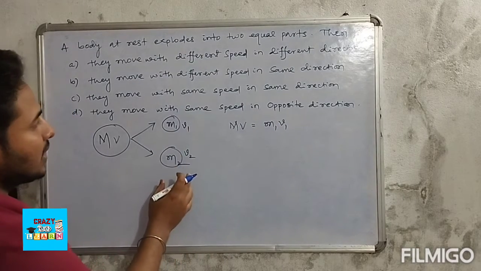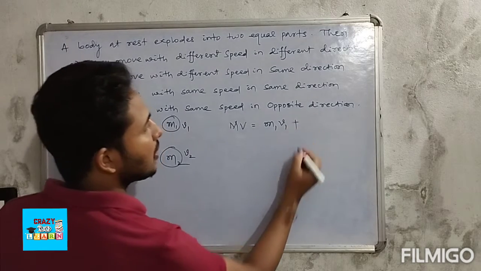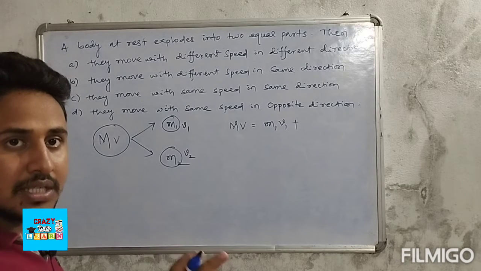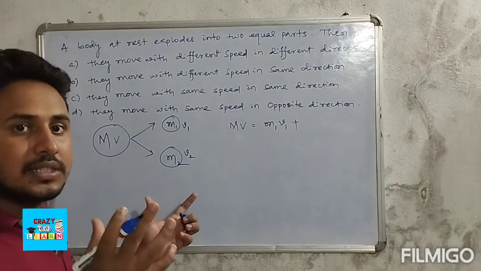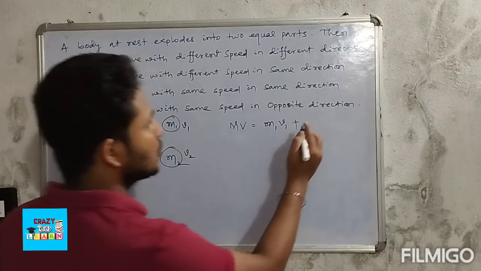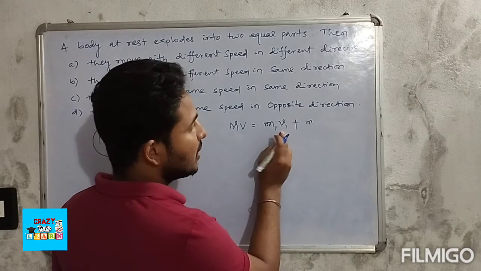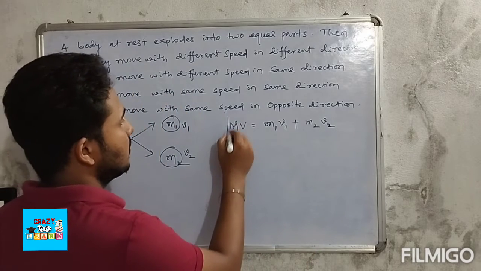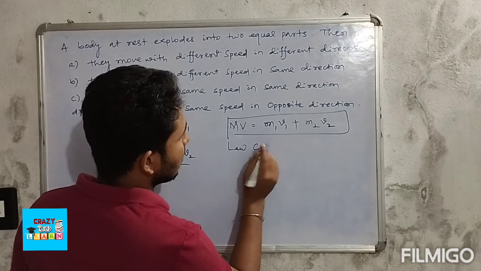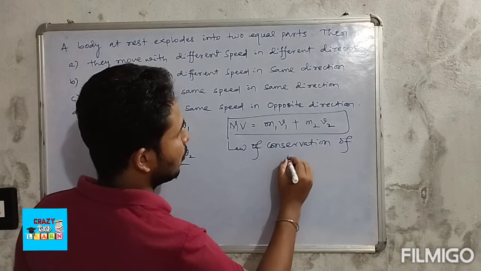After explosion we get two parts, so the momentum of the first part is m1 v1 and of the second is m2 v2. If we got three parts, we would sum the momentum of all three parts, and if we got 15 parts, we would find the momentum of all 15 parts and add them.